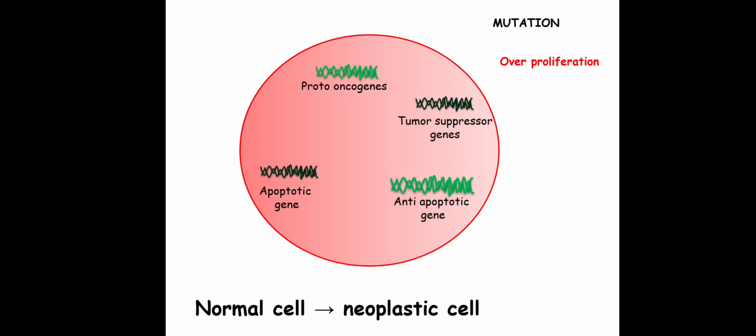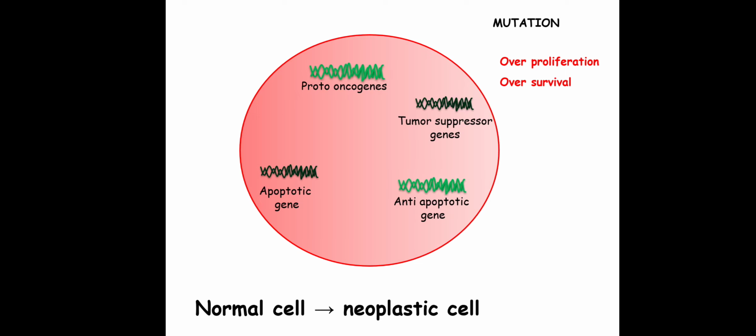The second mutation that should happen is, in the anti-apoptotic gene there should be gain of function, and in apoptotic gene there should be loss of function, which will result in over survival of a cell. So with all these things disturbed at multiple levels, a cell may be transformed into a cell which is over proliferated and over surviving. But our biological system has some backup mechanism.